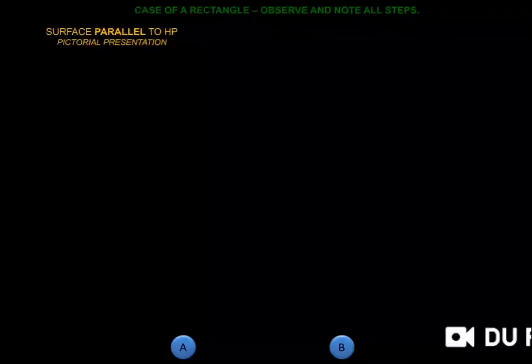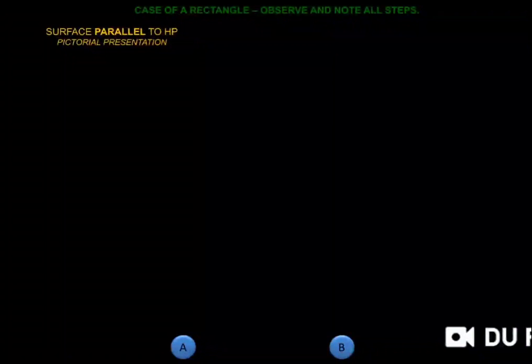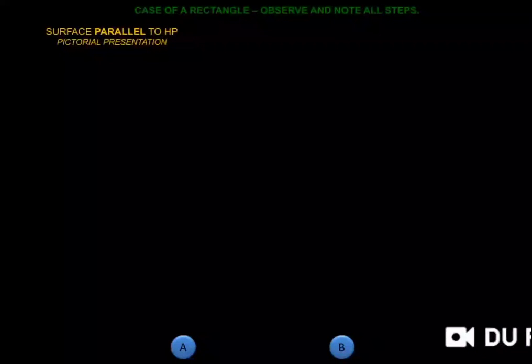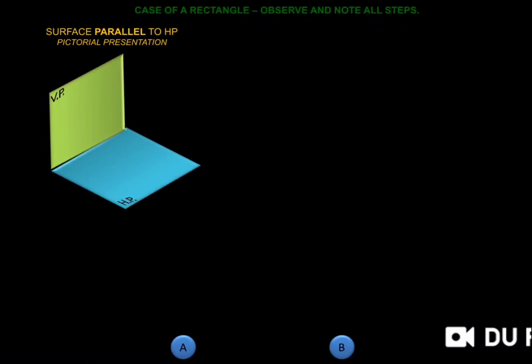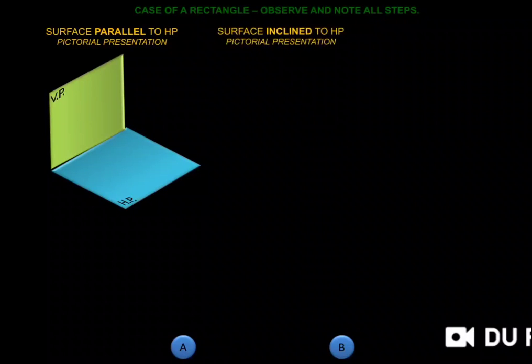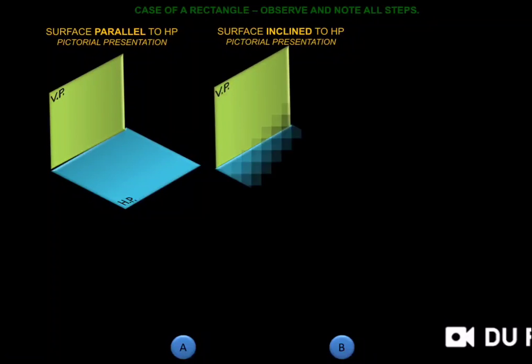Now, the case of a rectangle. Observe and note all the steps here. The surface parallel to HP. Here the pictorial view is shown, with VP and HP. The surface inclined to HP. Here is the surface parallel to HP, and here the second surface is inclined to HP.